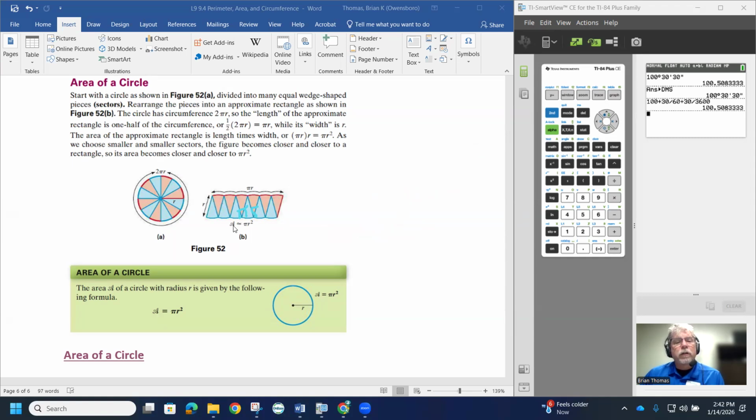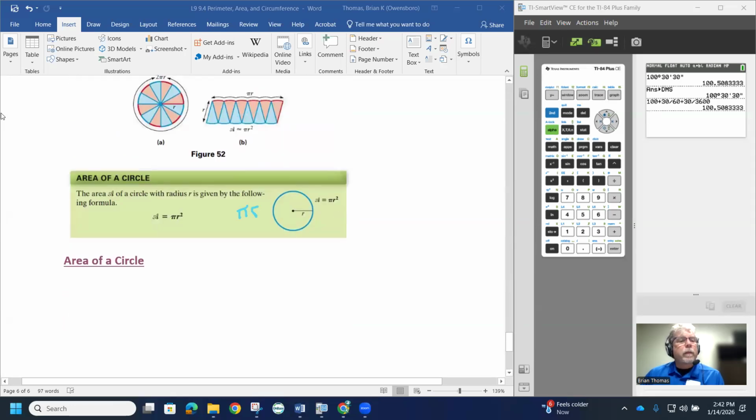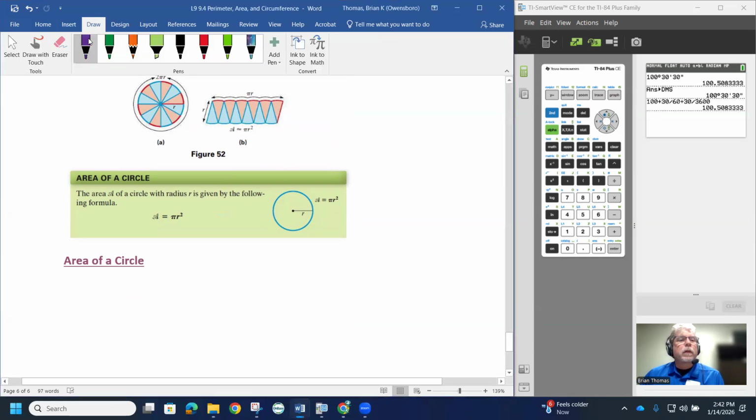So the area is going to be this pi r squared. So if I know the radius of a circle, then I can determine the area of a circle.